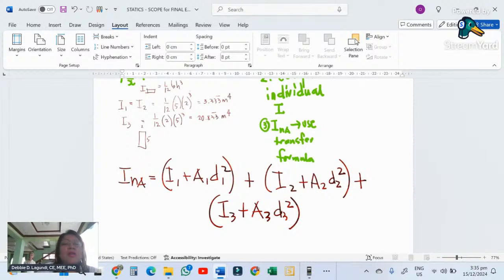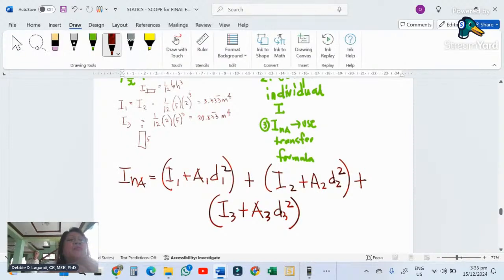Right. So it seems that we still have to find out or compute A1, A2, and A3. But because these are all rectangles of the same shape, then A1 is equal to A2 is equal to A3.